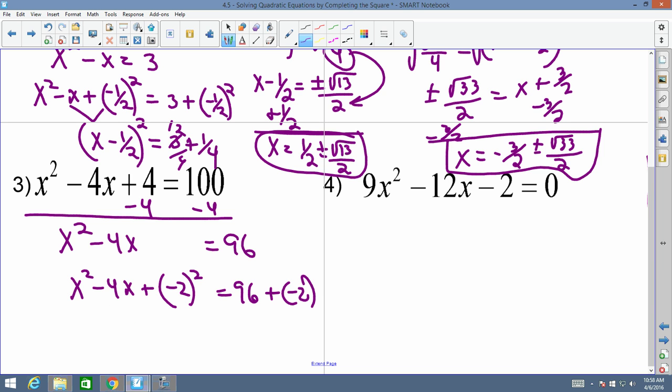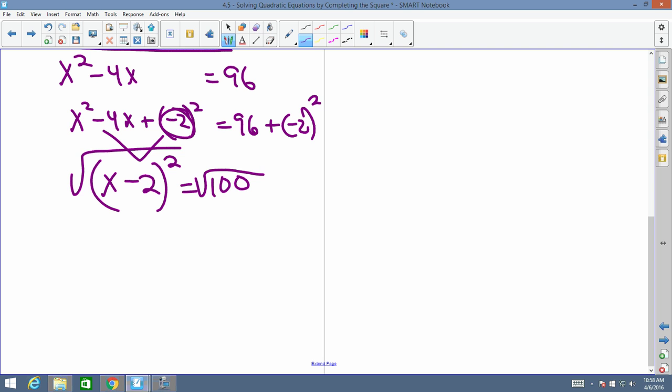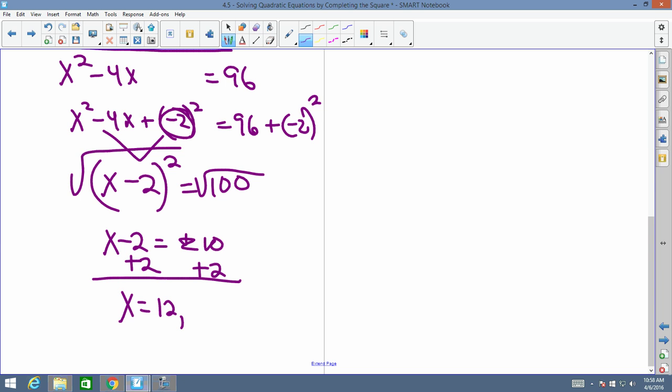I'm going to now create my perfect square binomial, which is x, and then the inside part, the b over 2, squared equals 96 plus 4, that's 100. Square root both sides, x minus 2 equals plus or minus 10. Add 2 to both sides, x equals 10 plus 2 is 12, and negative 10 plus 2 is negative 8.